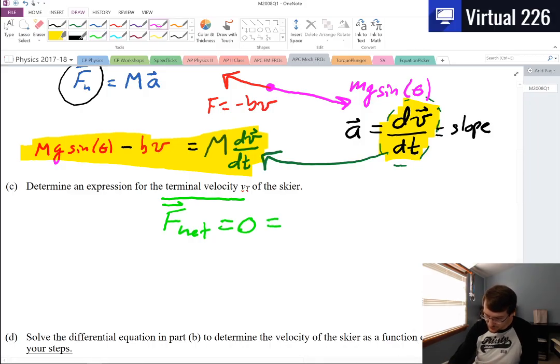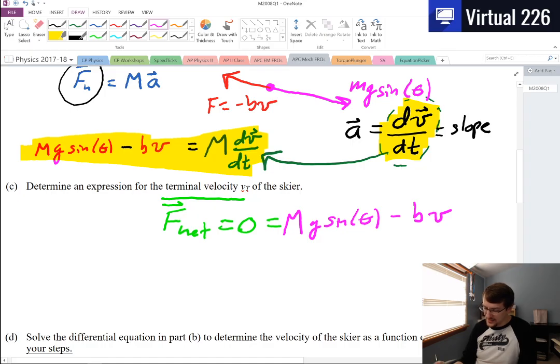This equals Mg sine of theta minus bv, where once again this is the mass of the skier, big M. And that means that I just need to solve this equation for v and call it a day.